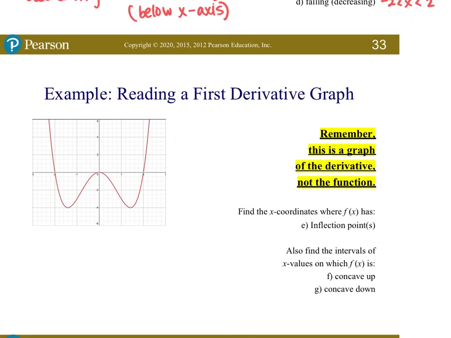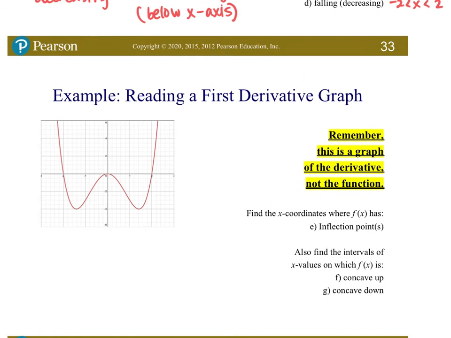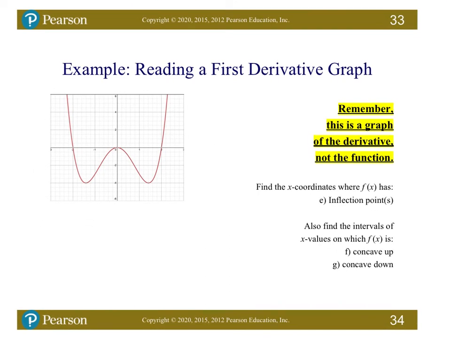Find the x coordinates where f has an inflection point. All right, now we haven't done this before, this is new. But let's go back to what an inflection point is. An inflection point is where f double prime changes from positive to negative or negative to positive, either way.